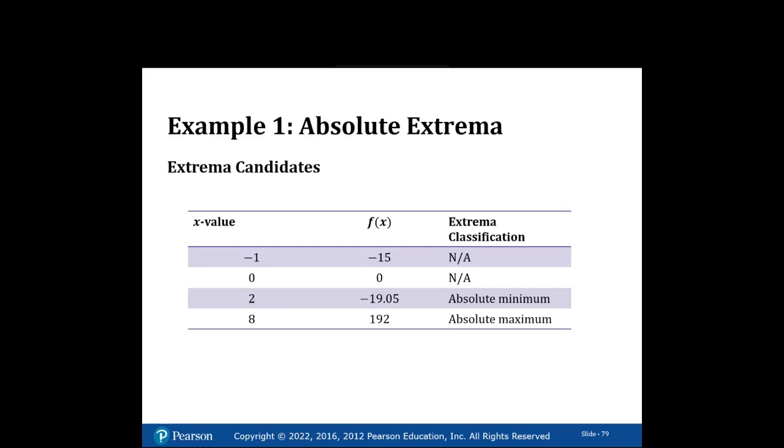So these candidates are endpoints or critical values, and evaluating them, the function gives us their values. Now I'm just going to pick the biggest number and the smallest number. Biggest is 192, smallest is -19.05. So that's our absolute min and max. The other two are nothing. We're not really classifying them at this point. We're just looking for absolute mins and maxes.